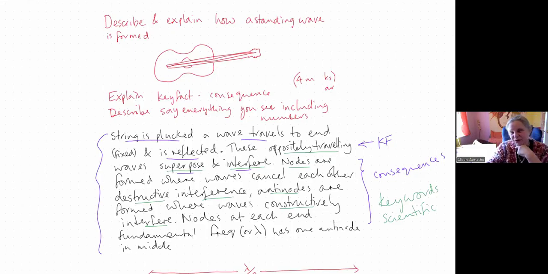Another is describe how kinetic theory leads to the idea of pressure and or temperature. So there are some describe and explain questions that it's worth learning, and this is one of them. It's become less important because nowadays this answer would get you 2 marks, not 4.